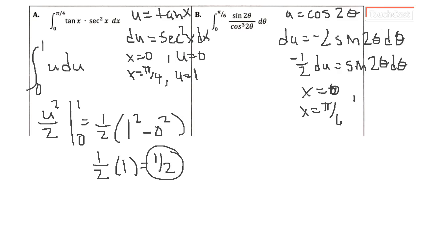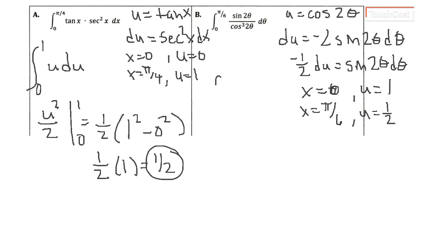If we plug 0 into cosine 2 theta, well, that'd be cosine of 2 times 0 is 0. So now u is going to be 1. And if we go 2 times pi over 6, that's pi over 3. Cosine of pi over 3 is going to just be a half.